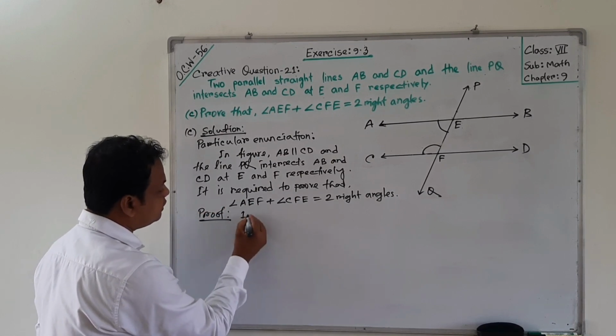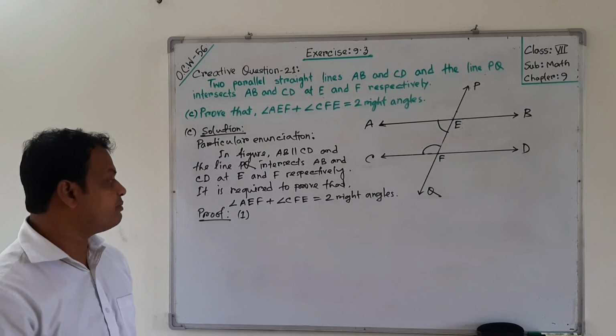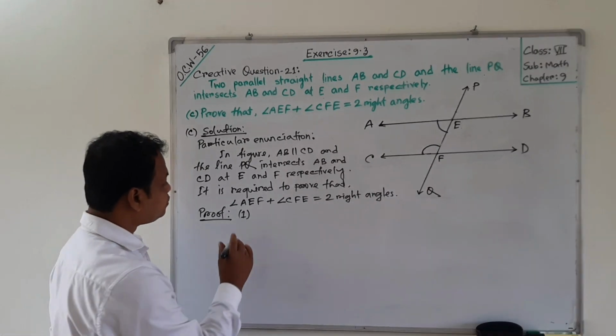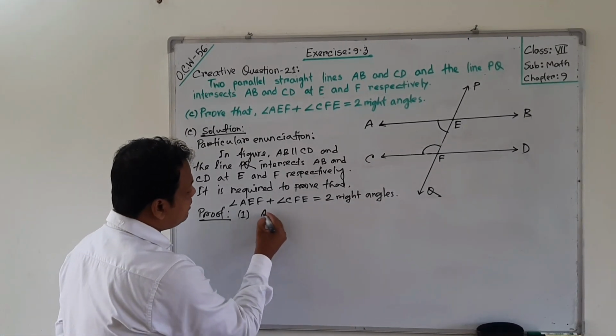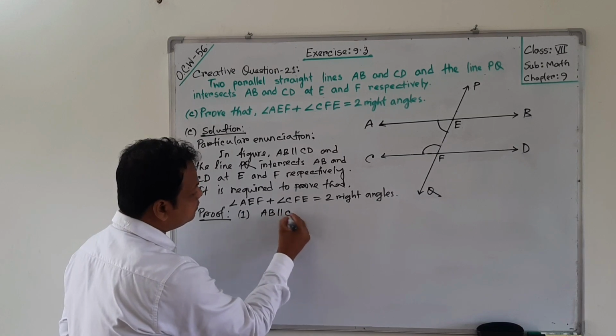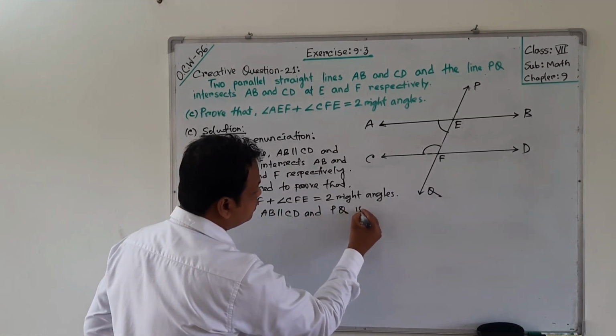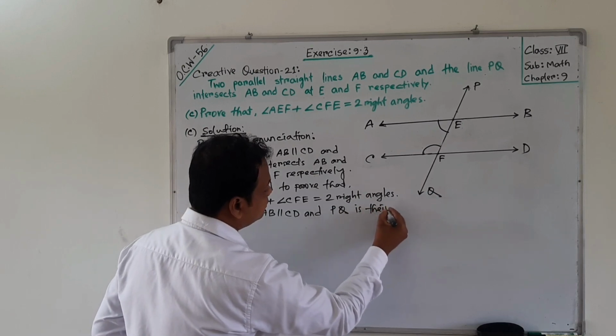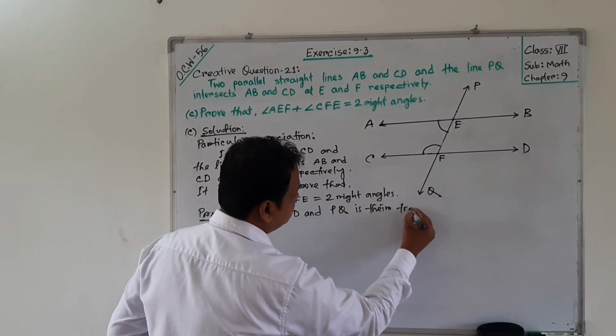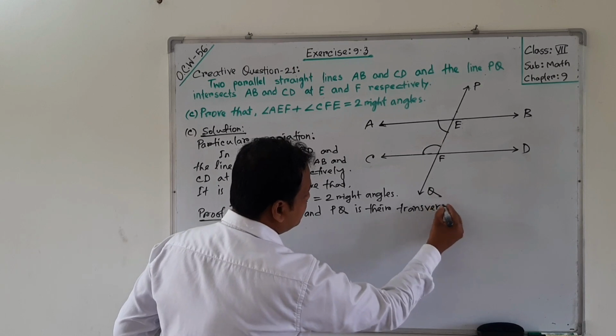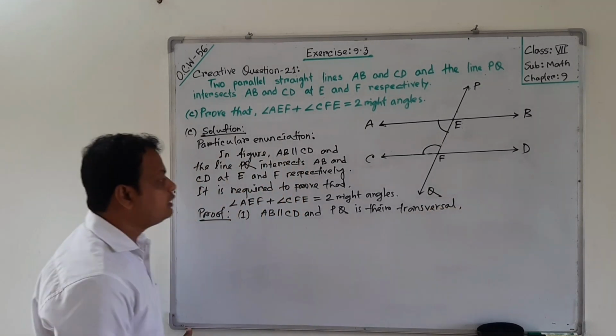Proof, step 1. AB is parallel to CD and PQ is their transversal.